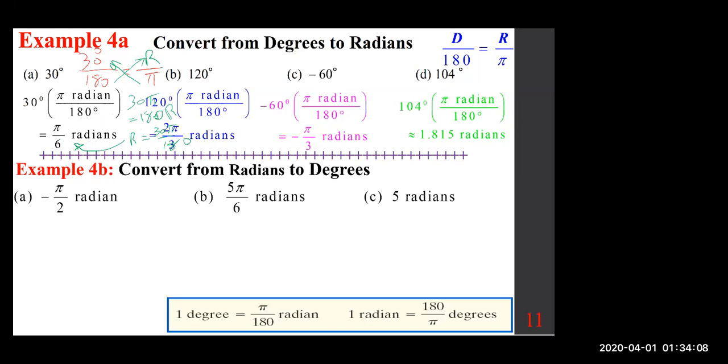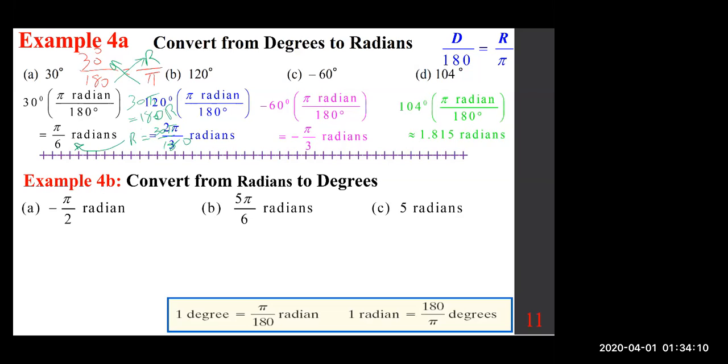Going back, again, you're looking at some of them that are common. For example, negative pi over 2. Everybody knows pi over 2 is 90 degrees. So negative pi over 2 is negative 90. So that shouldn't be a big deal. However, you can go through the process that way, or again, let me just use the formula D over 180.